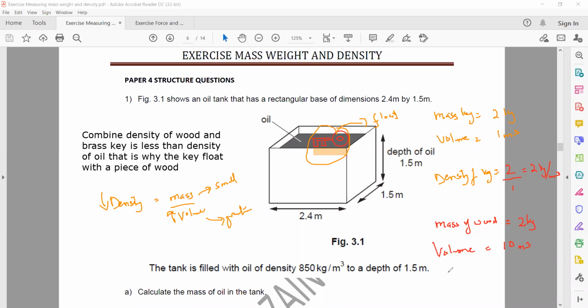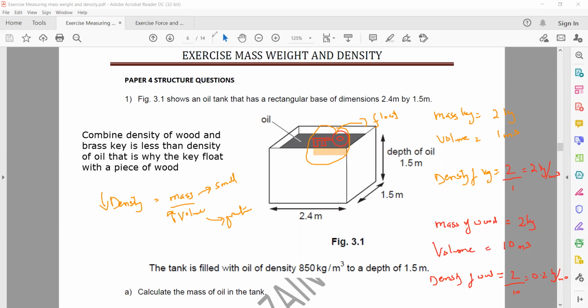So to find the density of the wood, mass divided by volume, so mass is 2 and the volume is 10, so 2 divided by 10 equals 0.2 kilogram per meter cube. So this is the density of the wood and this is the density of the key.